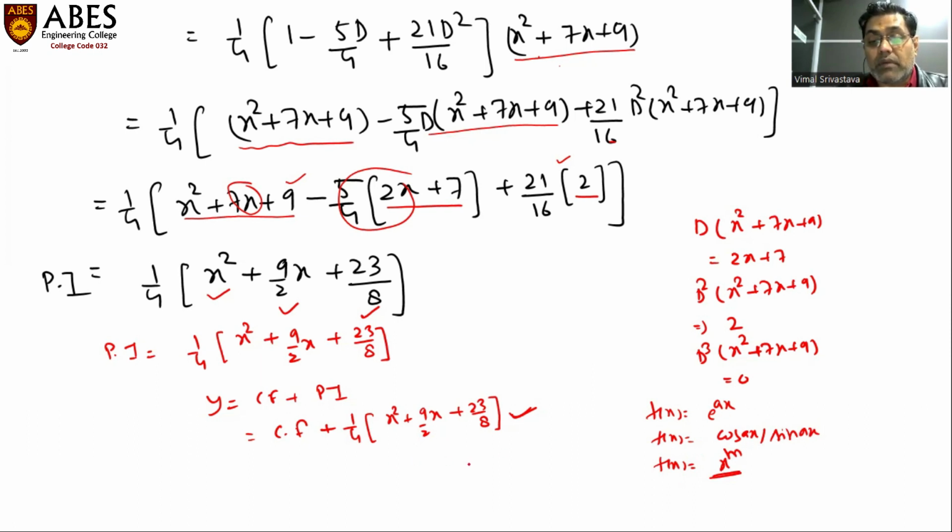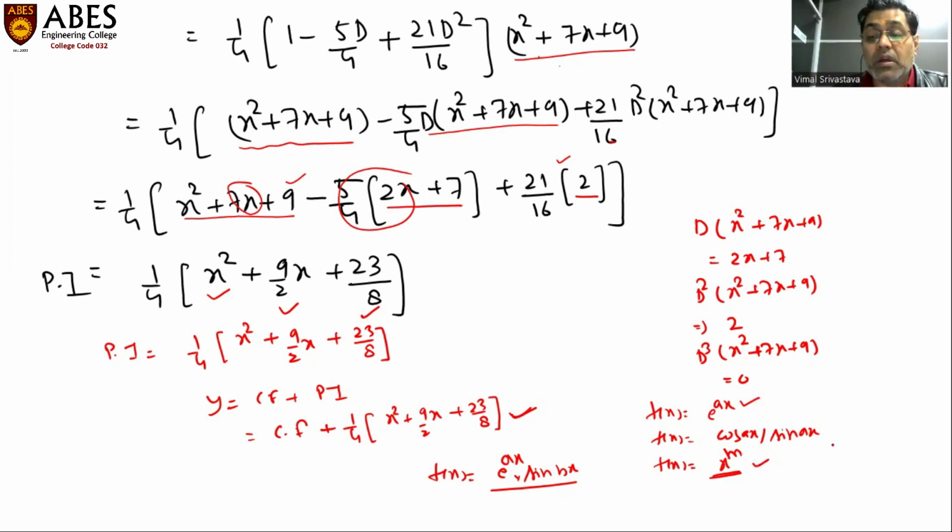That means what would happen if our f(x) is of the form e to the power ax into sin bx, which is a multiplication, or e raised to power ax times x to the power m, that is the multiplication of an exponential and an algebraic term.